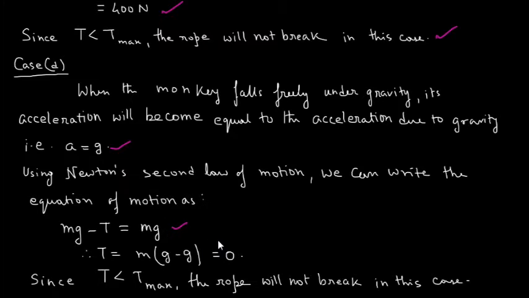That is T is equal to mg minus mg in bracket, that is 0. Therefore, T is less than T max. The rope will not break in this case. So we have checked all the 4 cases and we have discussed when the rope will break and when the rope will not break. Let us move to the next question.